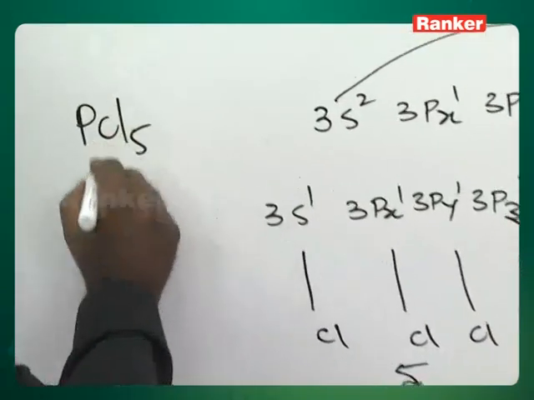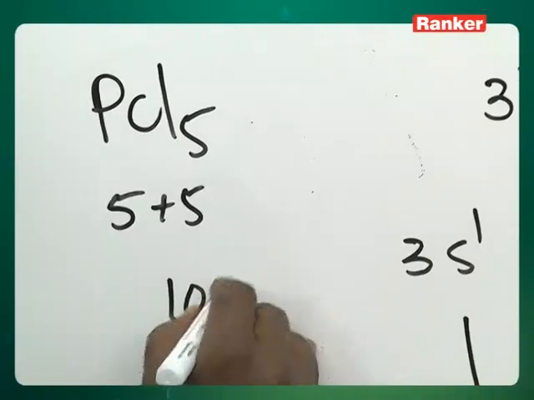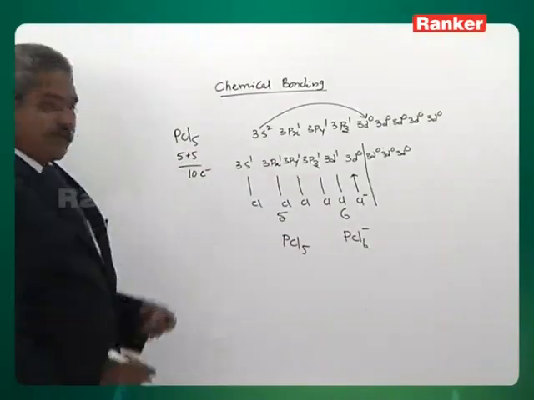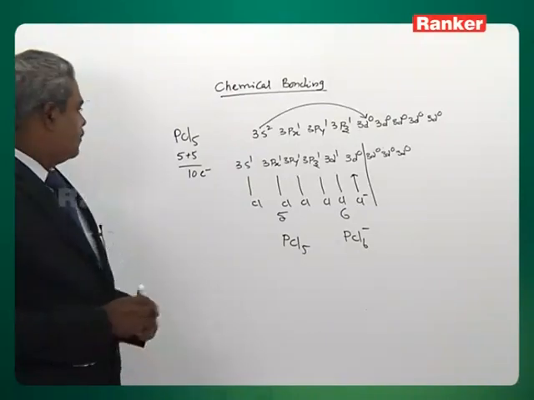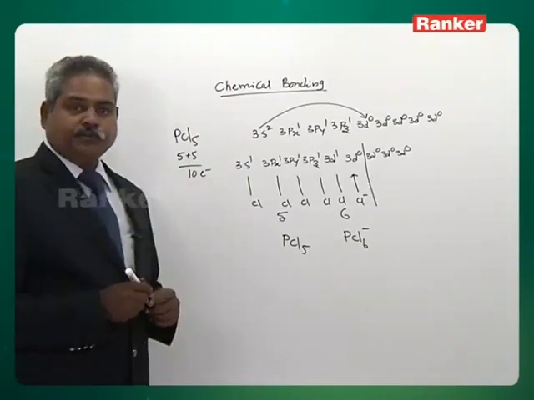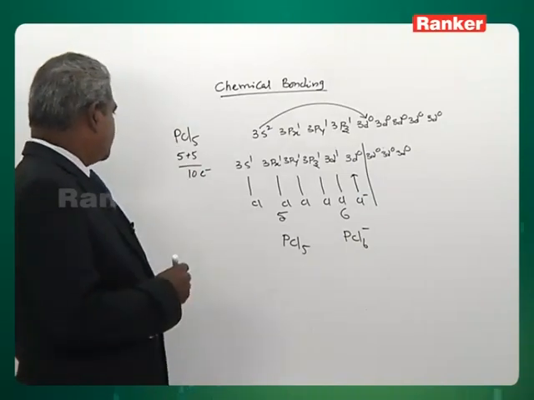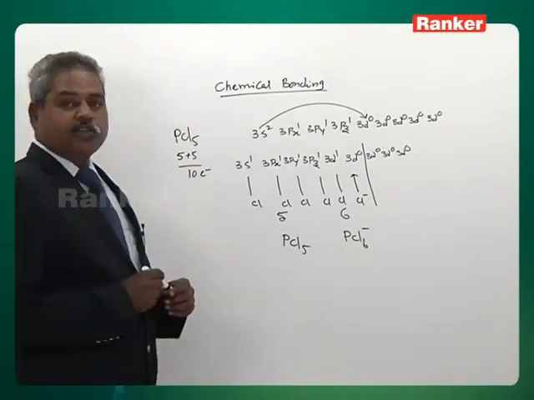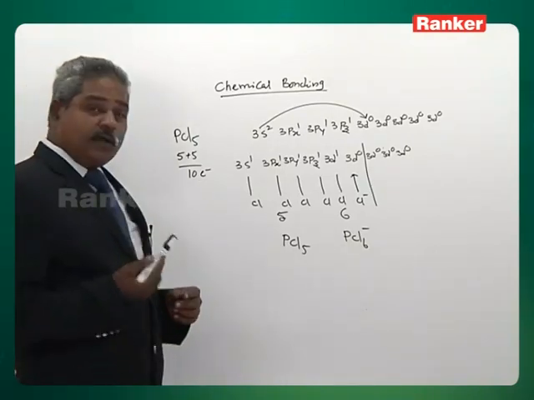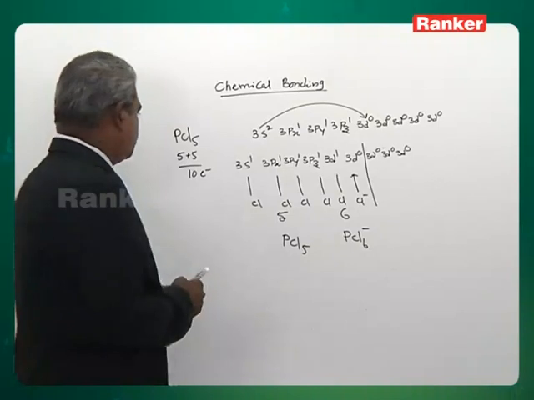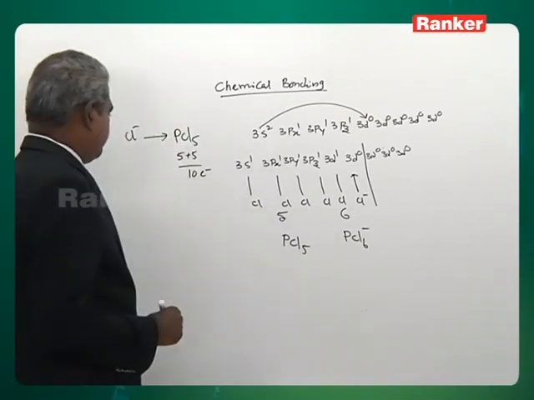PCl5, if you look at it, 5 plus 5, already has 10 electrons in its outermost shell. 10 valence electrons, 5 belonging to phosphorus, 1 each from 5 chlorines. Even after you have 10 electrons, you are still accepting, which has to be explained.